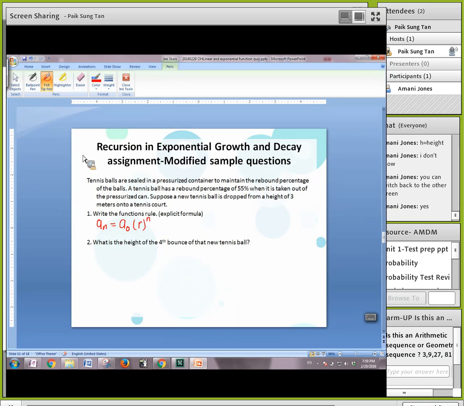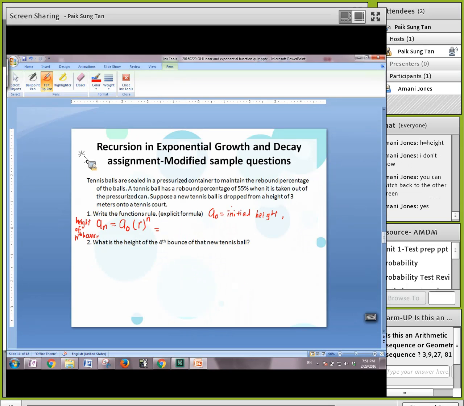Okay, so a sub n is the height of the nth bounce, and a sub 0 is the initial drop height. In this case, it is 3.